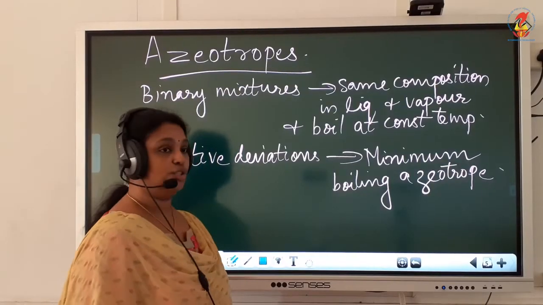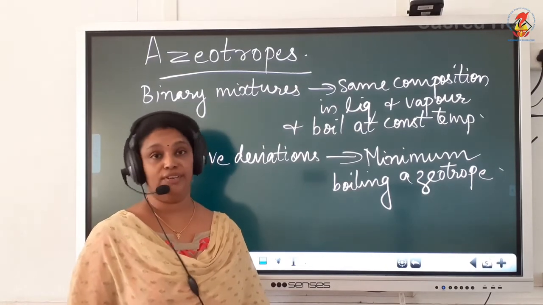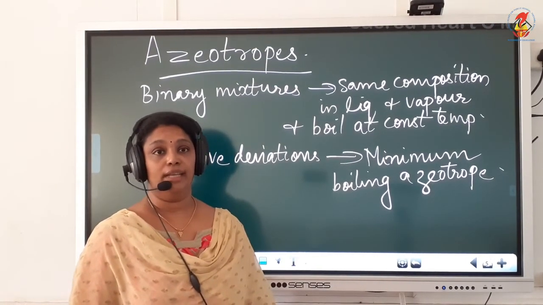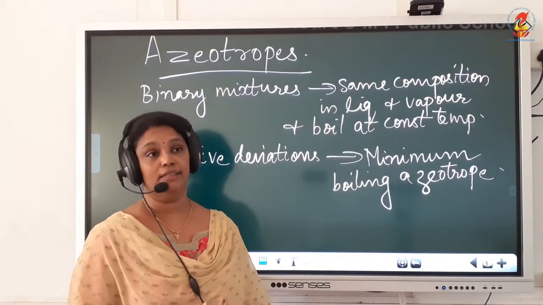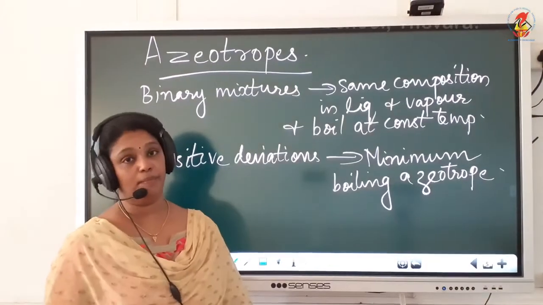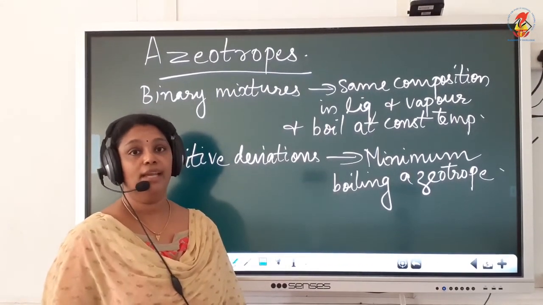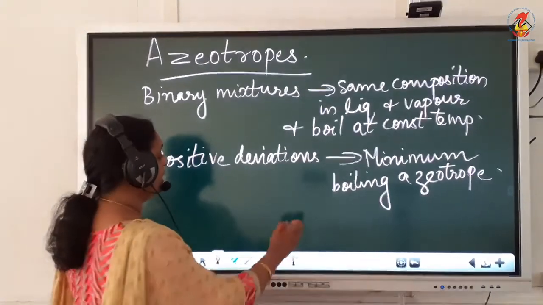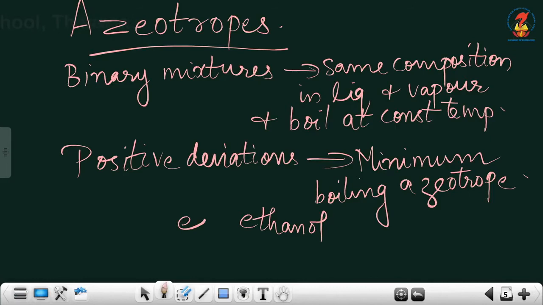Minimum boiling azeotrope means the boiling point of that mixture will be lower. Boiling point lower means vapor pressure will be higher. We know that positive deviation means larger vapor pressure. So they form minimum boiling azeotrope. An example for this is the ethanol water mixture.